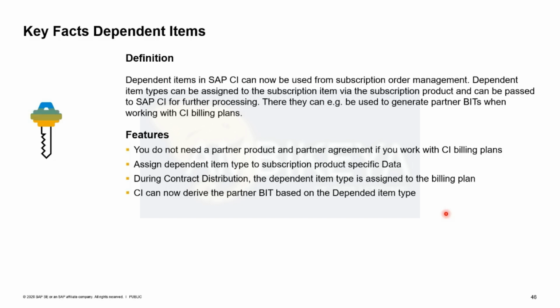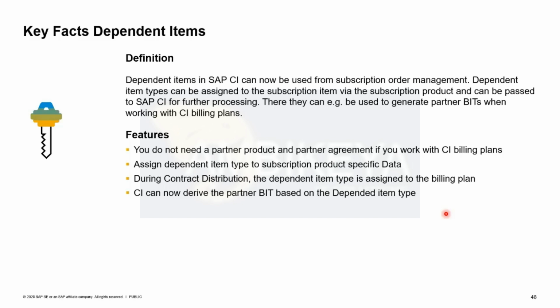A partner settlement is a scenario where a partner needs to receive royalty, right? So when a customer makes payment and we receive a revenue, a share needs to be given to a partner. With CC, we used to manage this by having a partner product, a partner charge plan, and a partner agreement on SOM side, and there is an assignment of partner reference in a customer charge plan.